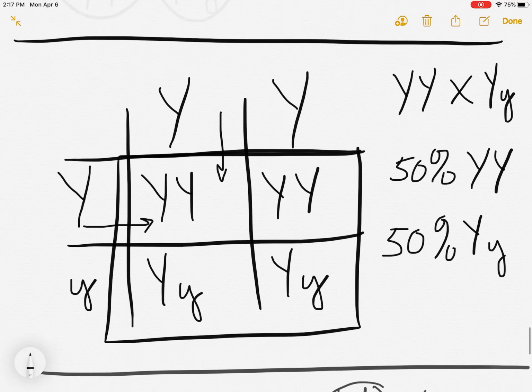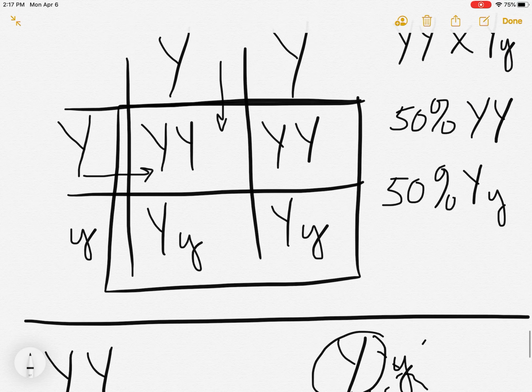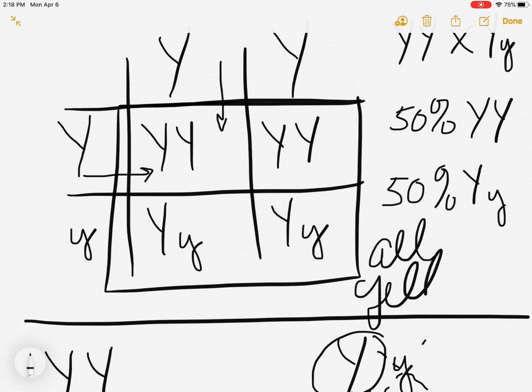And then down here, if we look at this one, we kind of have the same situation. The top 2 obviously are yellow, but the bottom 2 also carry a dominant yellow gene, a dominant allele. So these are all yellow also. All yellow.